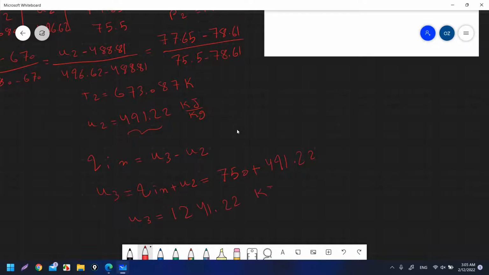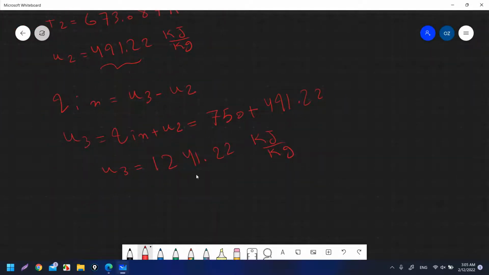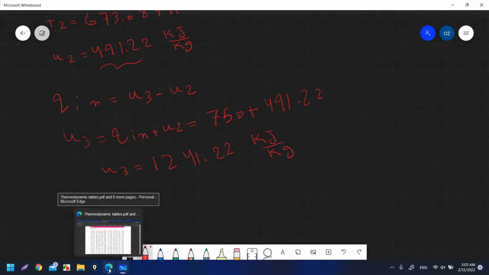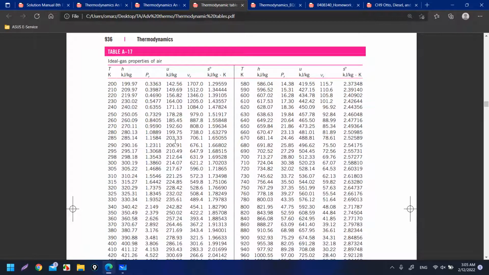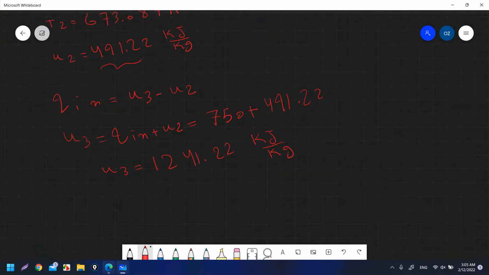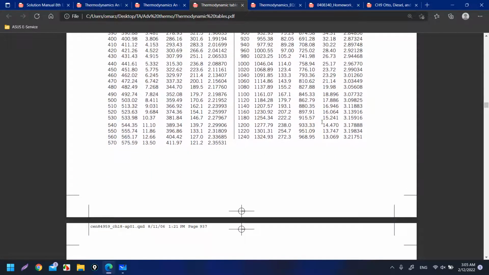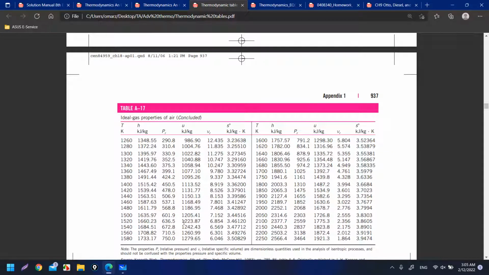Then U3 is equal to 1241.22 kilojoule per kilogram. I will go to the table with this number and find where it is between which two numbers. It is between these two numbers, 1520 and 1540, and I will do interpolation. I will also find VR.